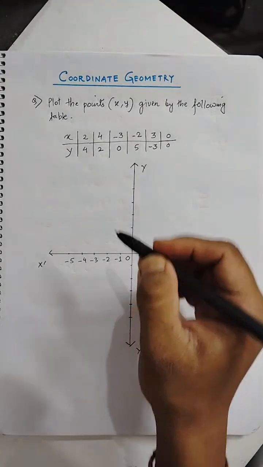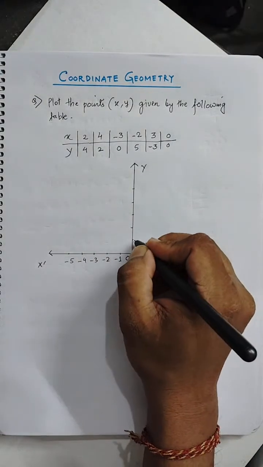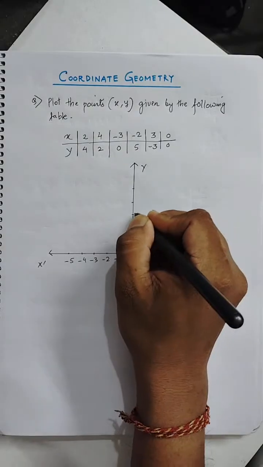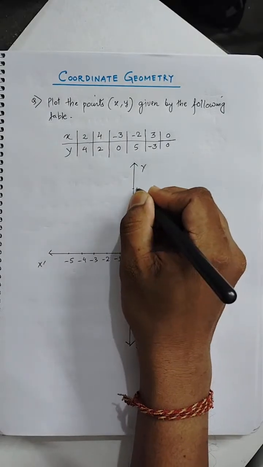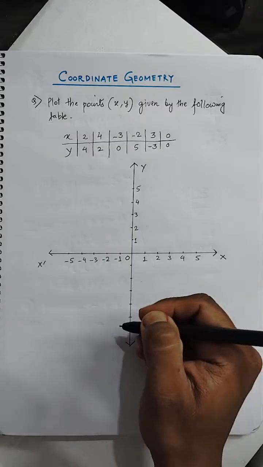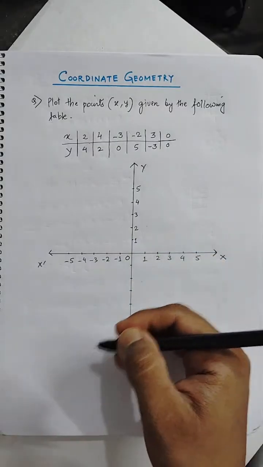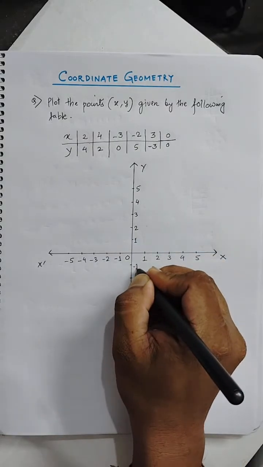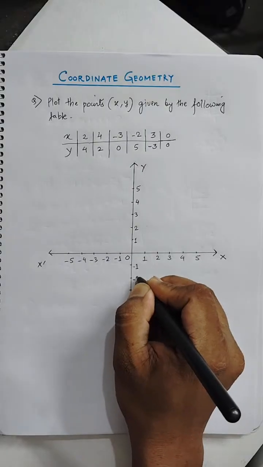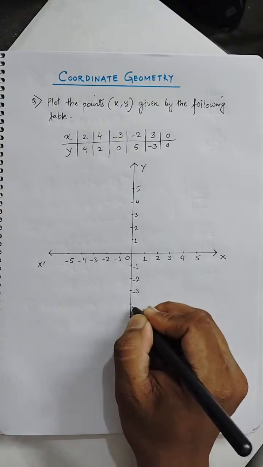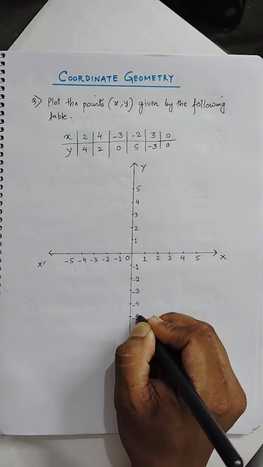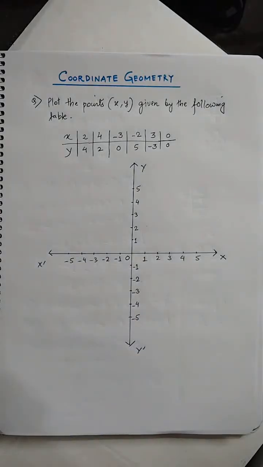Okay, points above the origin are positive, so this is 1, 2, 3, 4 and 5, and points below the origin, that means below the x-axis, are also negative. Okay, so now we will start plotting the points.